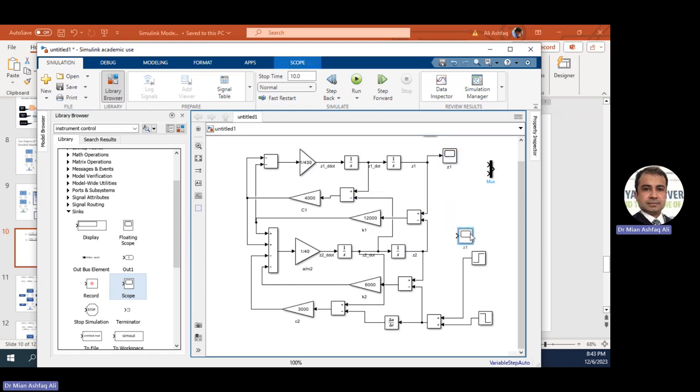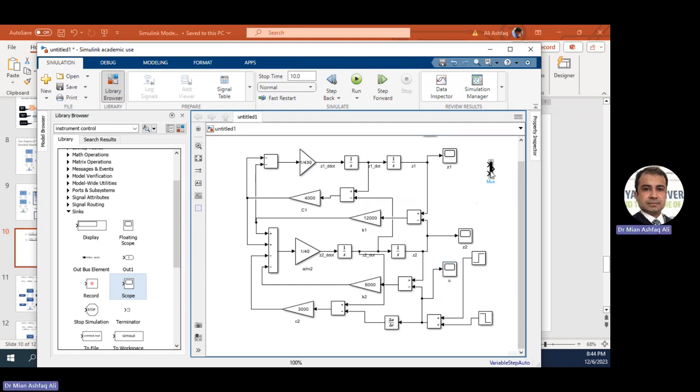Similarly, I make a copy and it changed to Z2. Maybe I am also interested in the road profile that I have generated. So let me call this U.